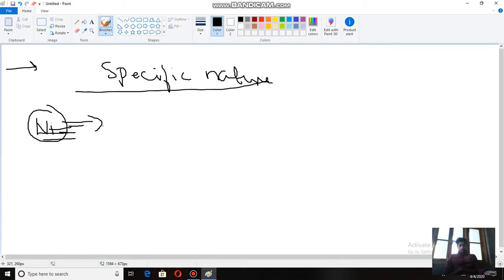This nickel will catalyze some particular type of reaction only. That means the catalyst is specific in nature. It will catalyze only some particular set of reactions. A particular catalyst cannot catalyze each and every reaction. It's clear.